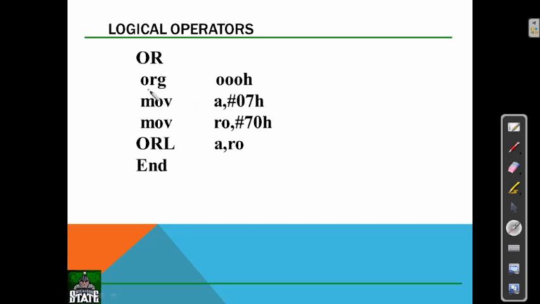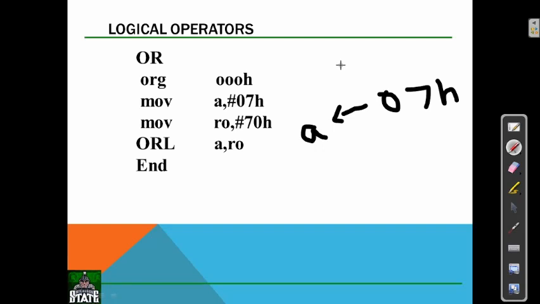The syntax of our program is ORL. First we have ORG 0000H. Then MOV A, 07H, which means the 07 hexadecimal value moves to A, the accumulator. As I said earlier, all data is first stored in the accumulator.